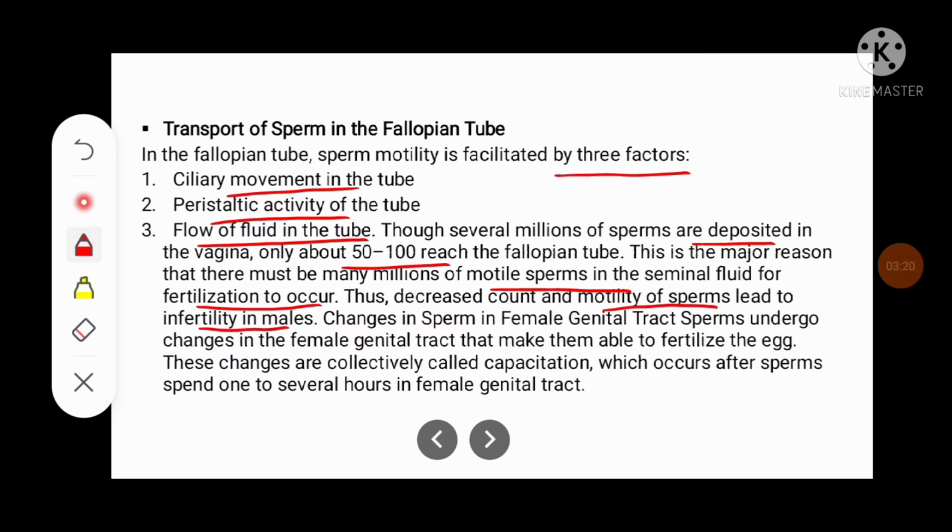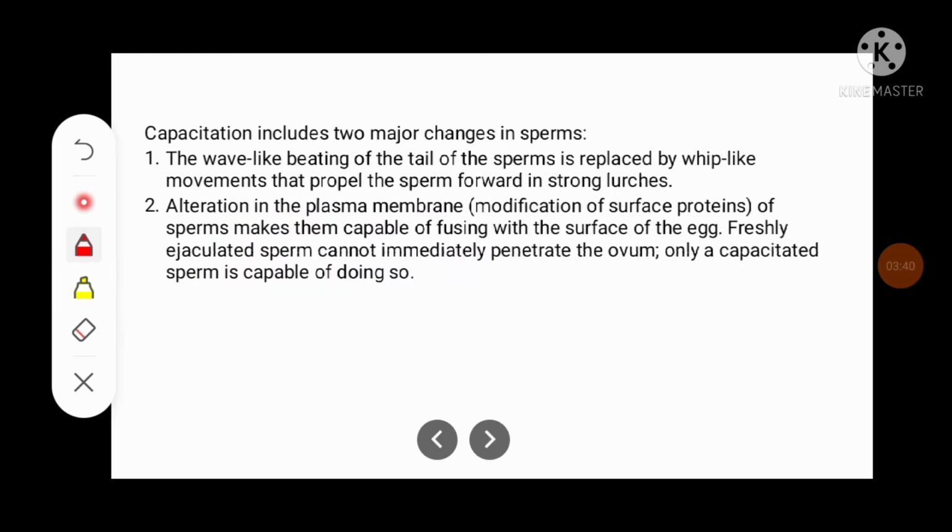Changes in sperm in female genital tract: sperms undergo changes in the female genital tract that make them able to fertilize the egg. These changes are collectively called capacitation, which occurs after sperm spend one or several hours in the female genital tract. The capacitation includes two major changes in the sperms.